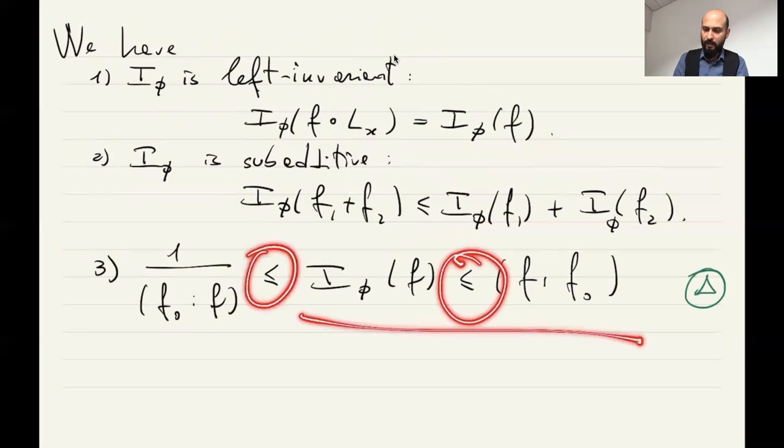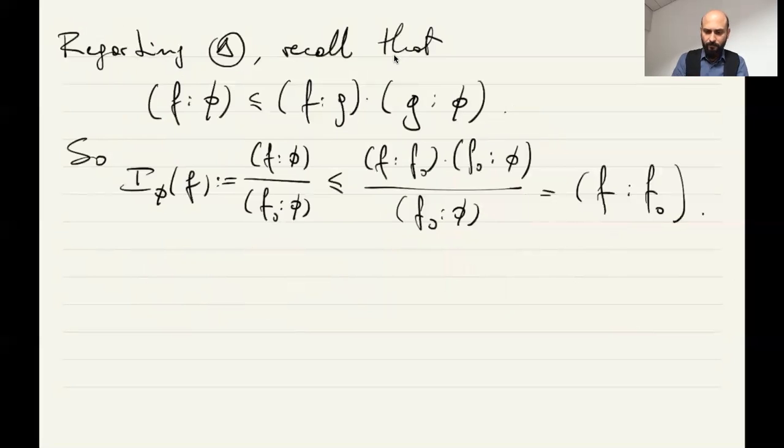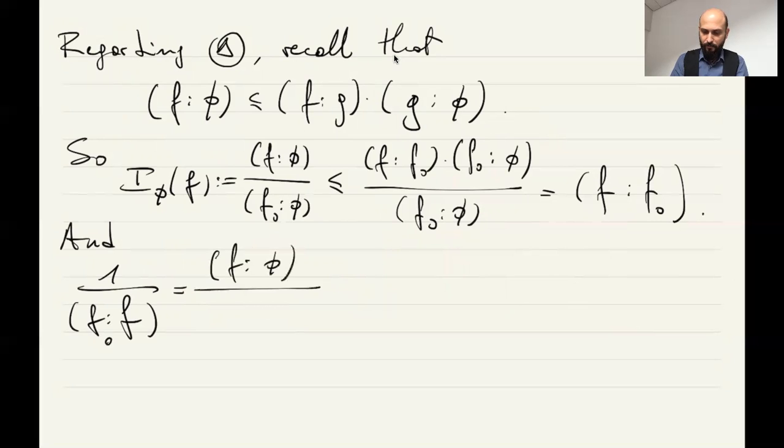Now regarding the other bound, if you take this quantity, let's multiply above and below by (f : phi), so (f0 : f) times (f : phi).